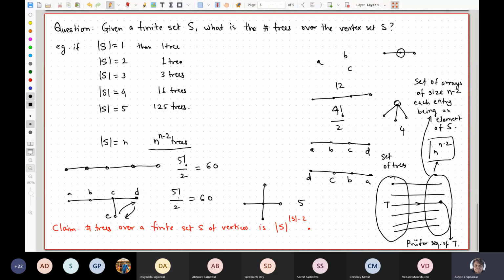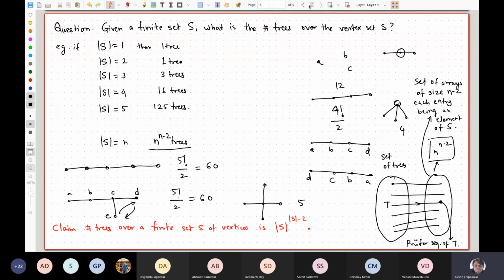It's related to the fact that if you have a vertex set of size 2, then you just get one tree. So remember, if n is equal to 2, then this set of trees is just a singleton set. And now we are looking at arrays of size 0, each element being one of the two values. How many arrays of size 0 do you have? Just one array, the empty array. Okay, so that is the extreme case.